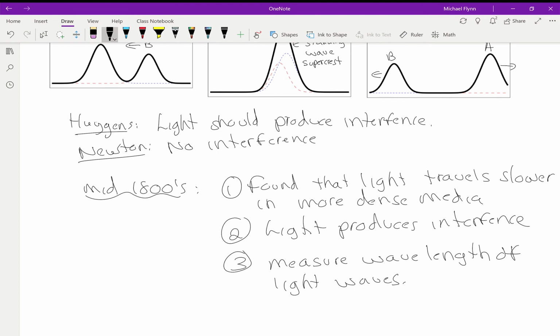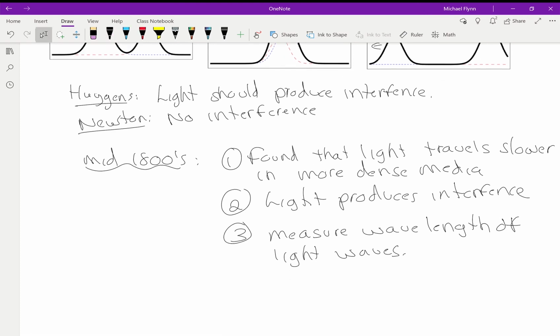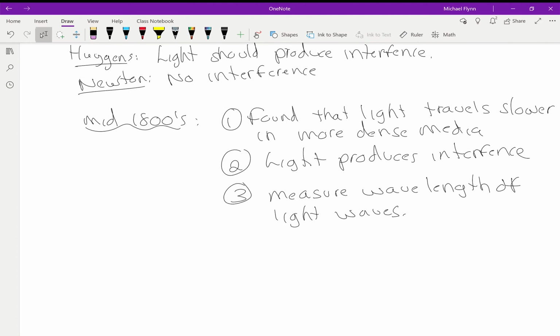Now, one more thing that was considered a real weakness of Huygens' theory, and this is why Newton's theory was actually preferred. How do light waves make it through a vacuum?